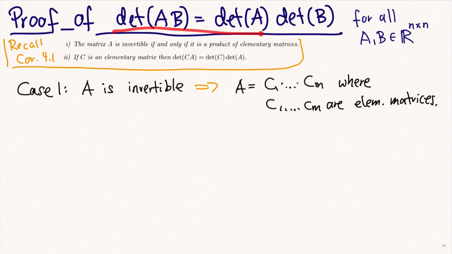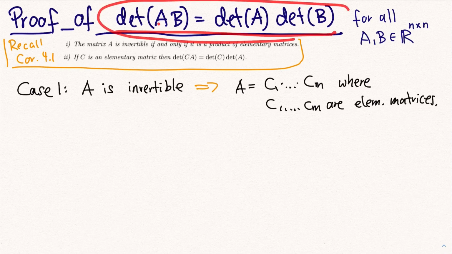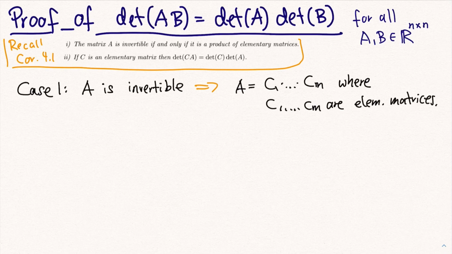And now we want to prove this statement by induction on the number m. So we want to show that for any matrix B, the determinant of the product of A with B, where A is a product of m elementary matrices, is the product of the determinants.